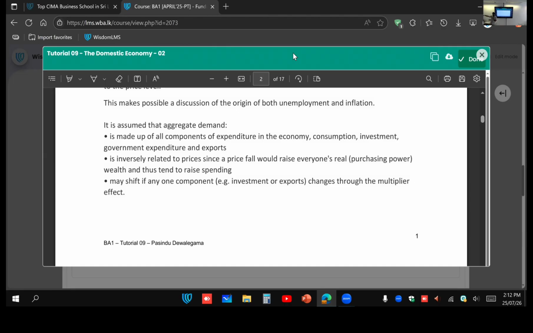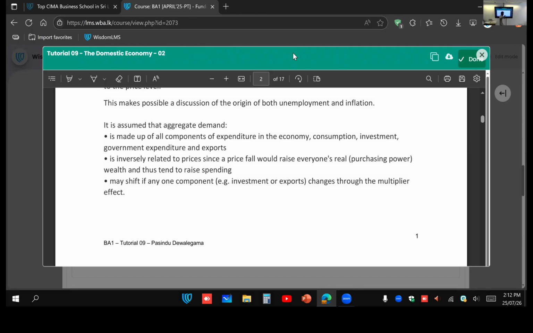On the same salaries, you can purchase more. If you eat 1 carrot, the next time you can eat 2 carrots, small rabbits. Accordingly, everyone's purchasing power and wealth increase, and thus spending tends to increase. It may shift if any one component changes, through the multiplier effect.